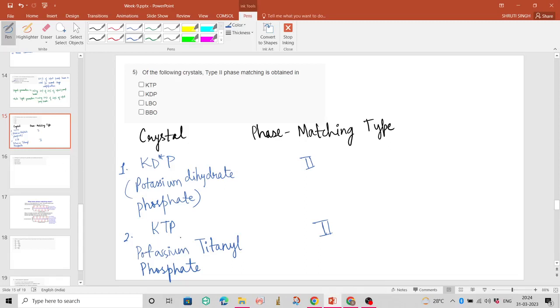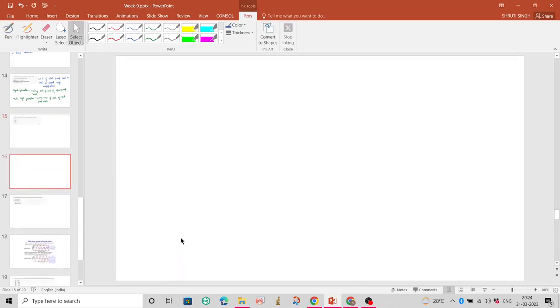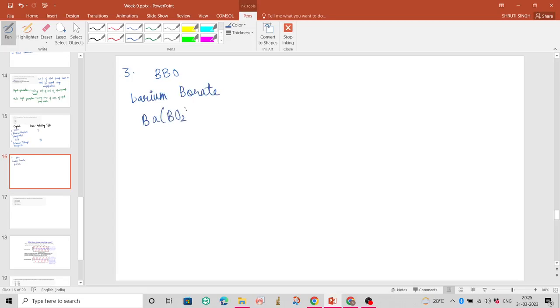Okay. So the next one, which we use mostly, third is, let's say, BBO, which is beta barium borate. The formula is BaB2O4.